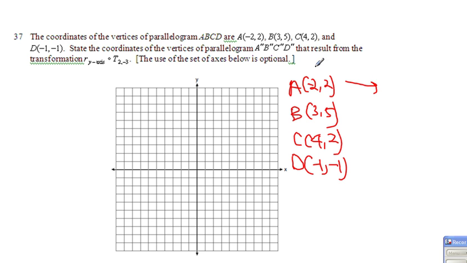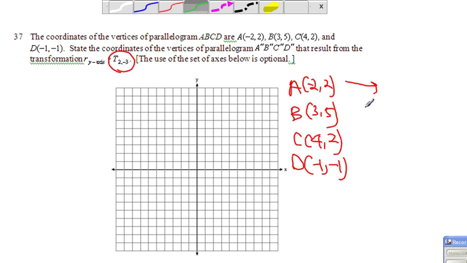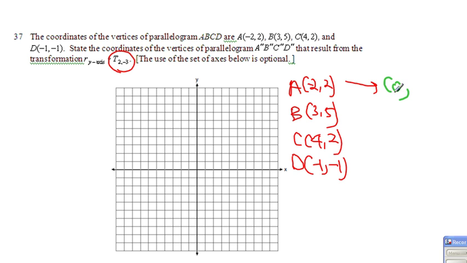But when this one is going through, we have to do the first one first. Translation by 2, -3. So adding 2 to -2 becomes 0. 2 minus 3 becomes -1.